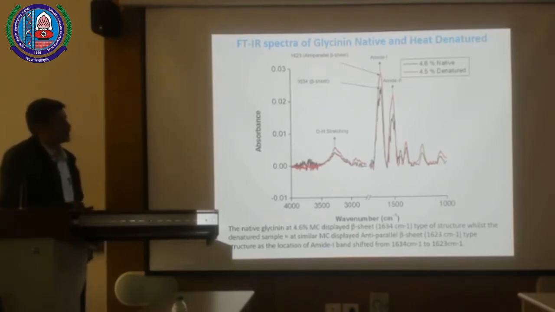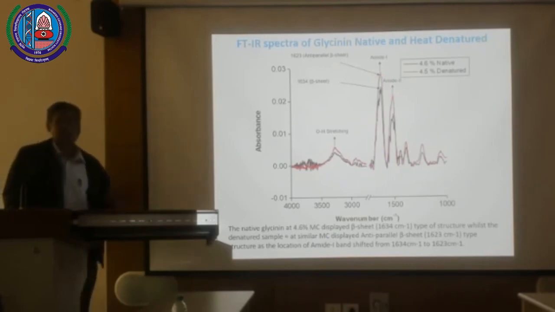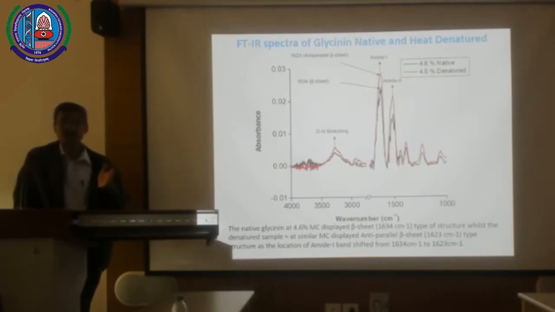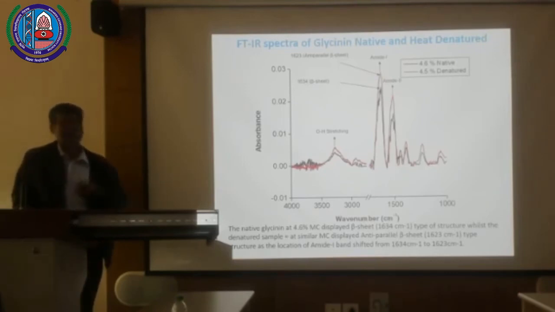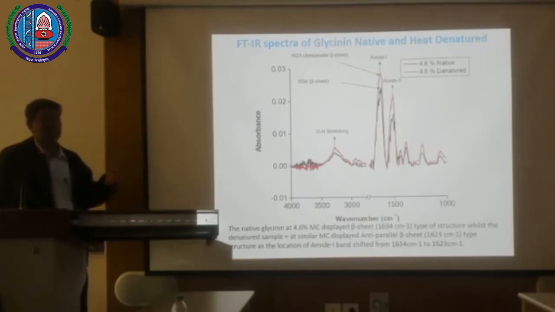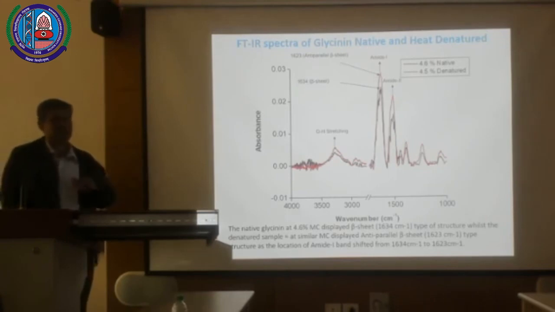Moisture has an effect on the structure, as we studied now, so when you compare denatured versus native, you have to have the same moisture. Otherwise you will not see the effect. Please remember this. If the conditions are not the same, you cannot have the same result. You will be comparing apples and oranges.